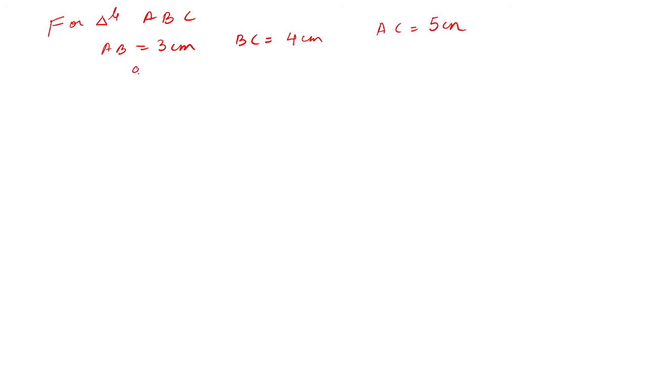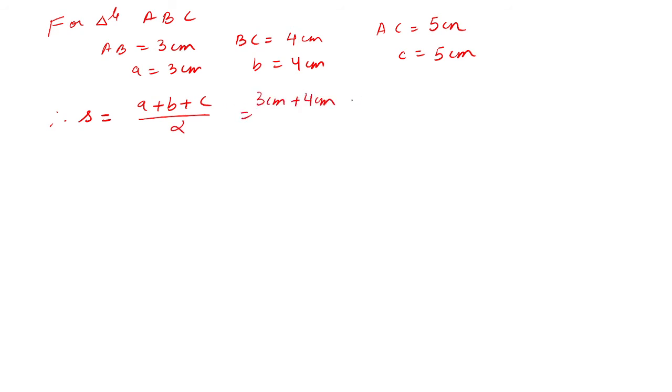So I take this as A, B, and C. Clear? Therefore, I can write S is equal to A plus B plus C by 2. So 3 centimeter plus 4 centimeter plus 5 centimeter by 2. Finally, adding up 5 plus 4, 9, 9 plus 3, 12 centimeter by 2. So this becomes 6 centimeter.